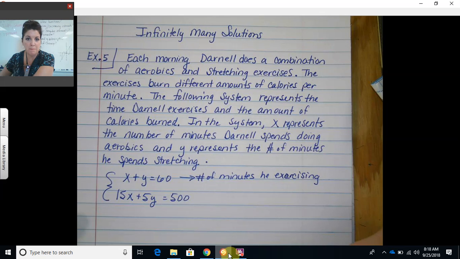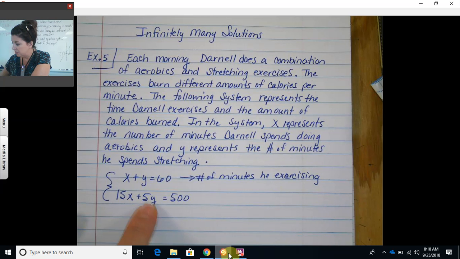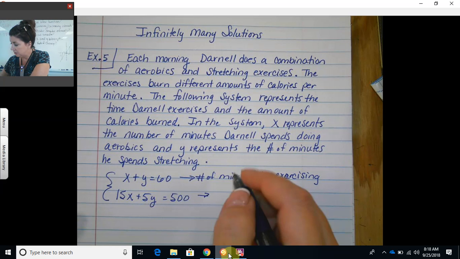The following system represents the time Darnell exercises and the amount of calories burned. So 15x, what is that 15 talking about? 15 calories per minute, of doing what? Aerobics. So he burns 15 calories a minute doing aerobics, and he burns 5 calories per minute while stretching. So this equation represents the number of calories burned.